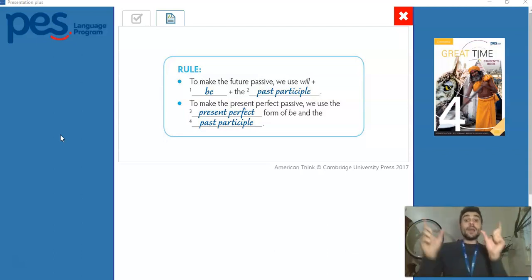So I have been, because the passive says I need to use the verb to be, but it needs to agree with have, and the past participle of the verb. So I have been given a present. Okay? So it shouldn't be that difficult. All right? Good. So we're going to practice a little bit more.